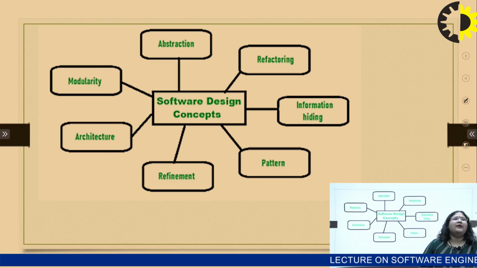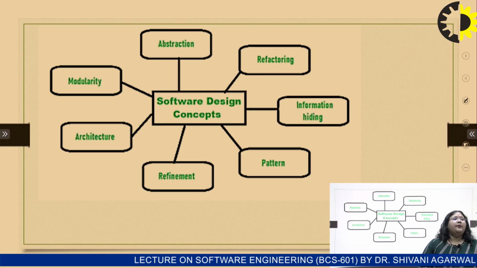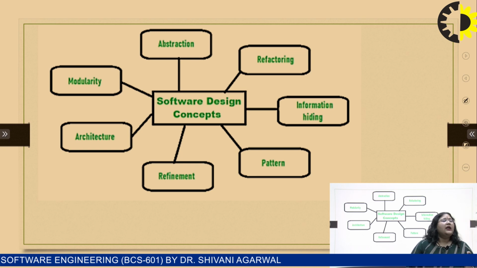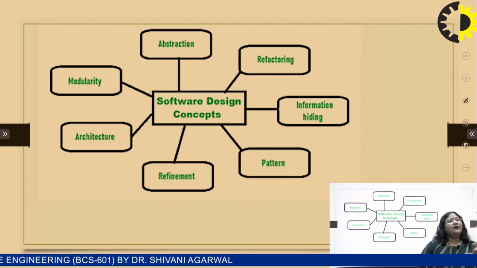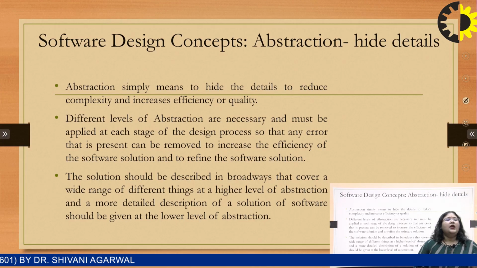In this concept, we define abstraction, refactoring, pattern, information hiding, refinement, architecture, and modularity. One of the most important characteristics of the software design concept is modularity, which we use for the different modules we design for developing software. So one by one we will explain these.